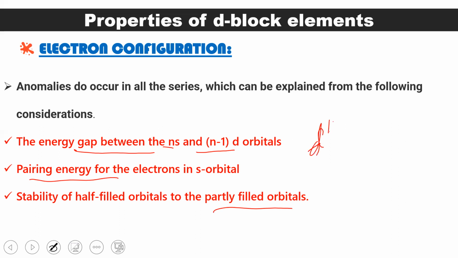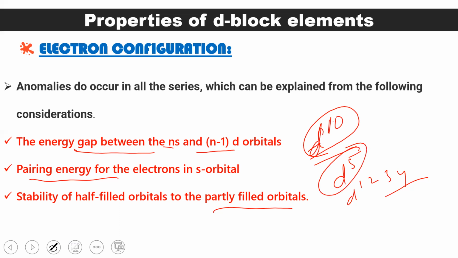For example, d10 is full-filled and half-filled means d5. So d5 is more stable than d1, 2, 3, 4. And also, as we know, full-filled d orbitals are more stable than any other d configurations.